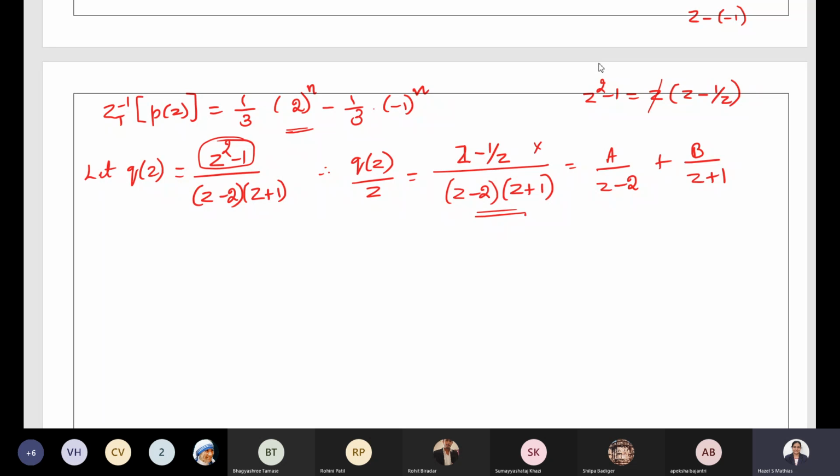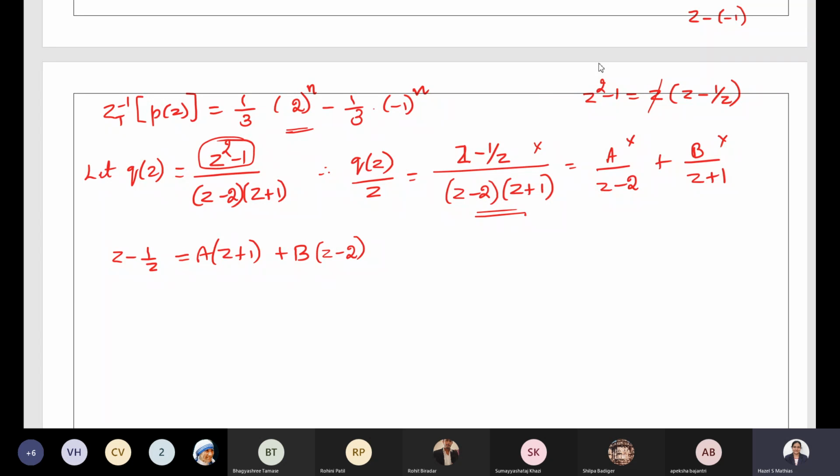So z minus 1 by z remains, that is equal to a into z plus 1, plus b into z minus 2. This is what remains.